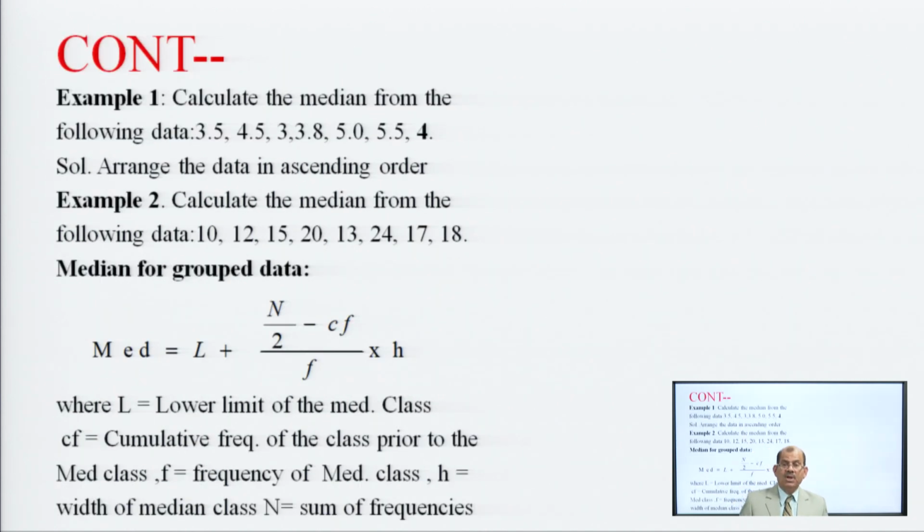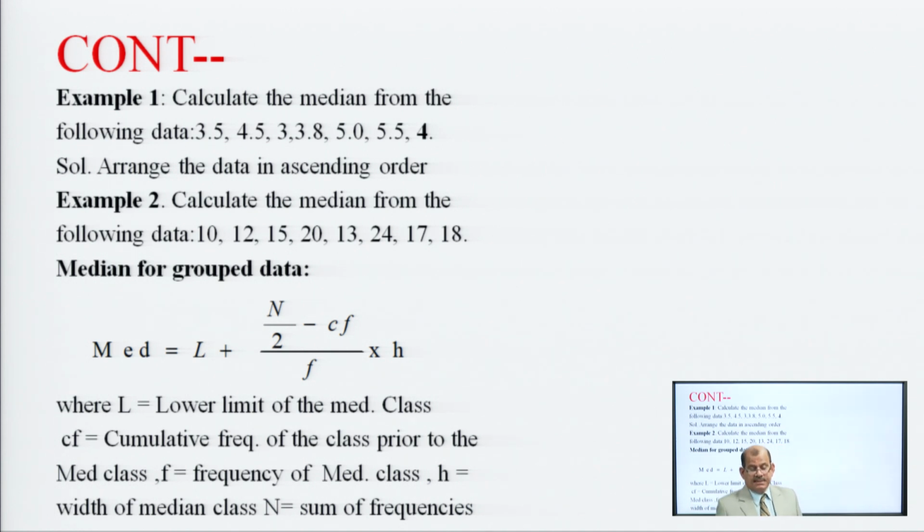Example: for ungrouped data. Calculate the median from the following data: 3.5, 4.5, 3.3, 3.8, 5.0, 5.5 and 4.